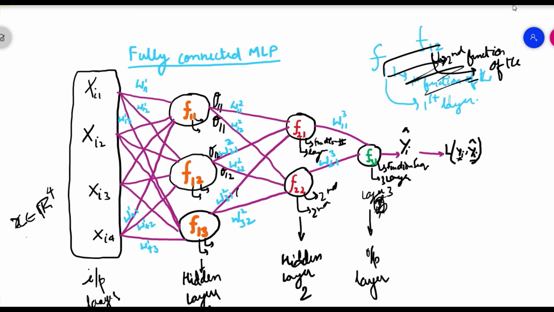This will be output 13, and this also will be output 13, because both of these branches are coming out of f13. Similarly, the output coming out at this place will be output 21, because the output is coming out of the activation function falling first in the sequence of the second layer.